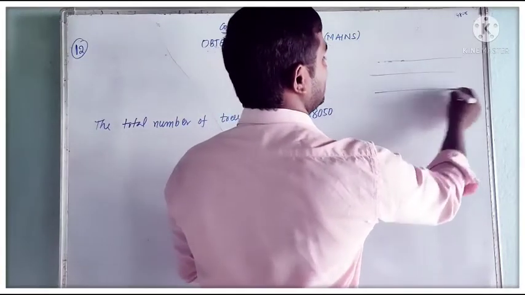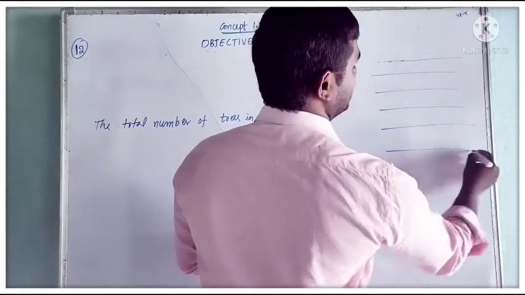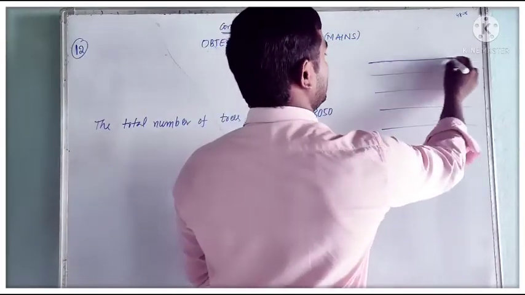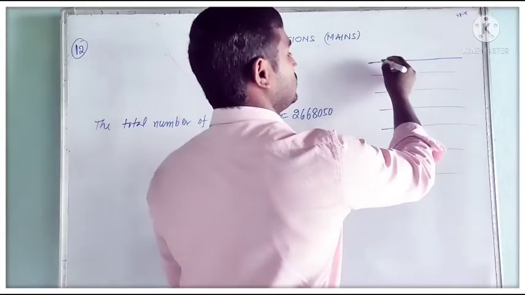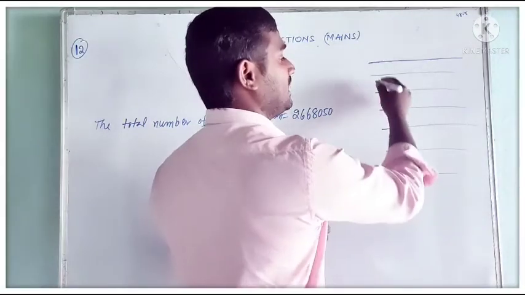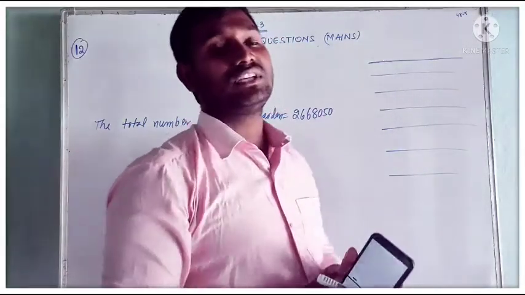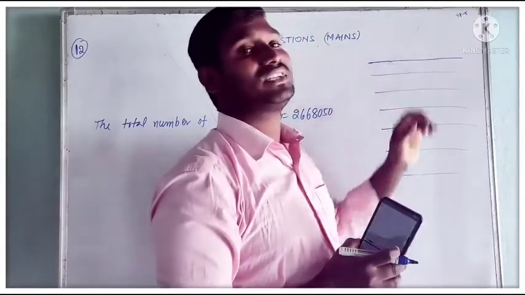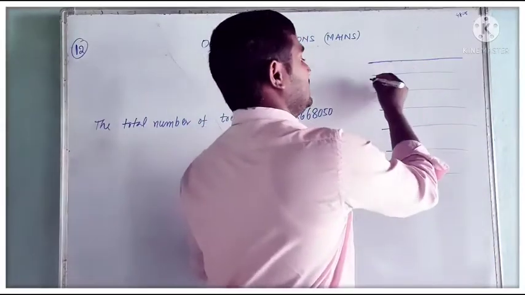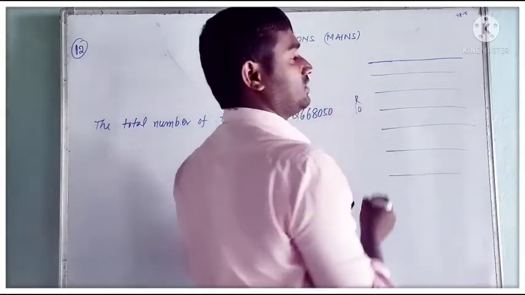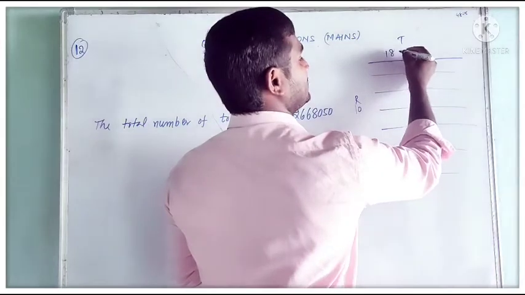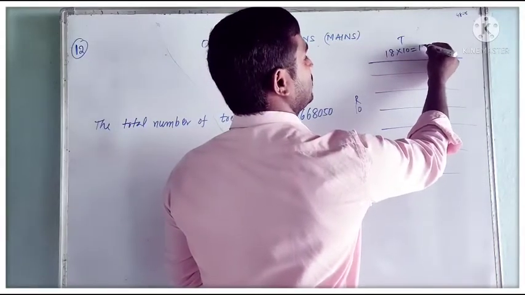Suppose there are 10 rows, then in each row the number of trees is 18 times 10, that is 18 into 10, which is equal to 180.